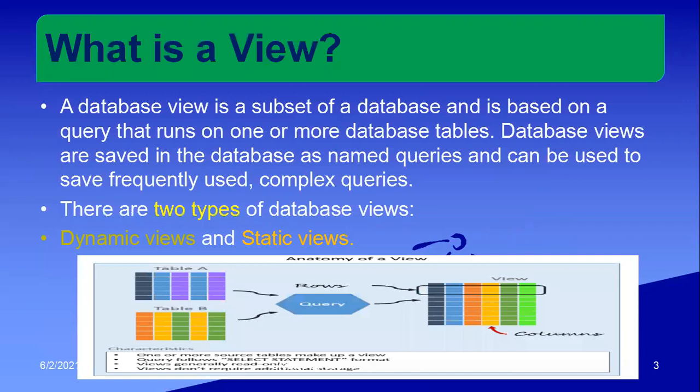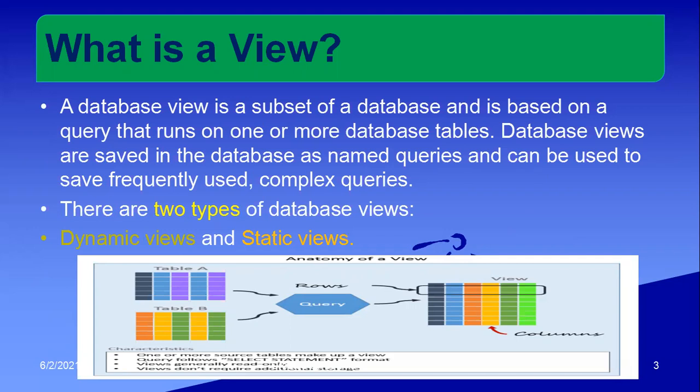So, what is a view? A database view, we can simply say, is a kind of virtual table in SQL. A view has a number of rows and columns, as real tables in databases do.